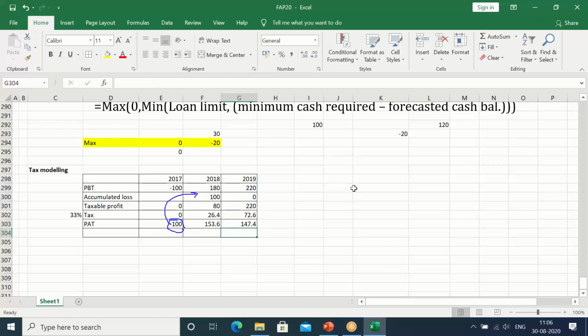And your PBT is again the same. Are we clear with this? Any questions, any queries? No, sir, I'm good.